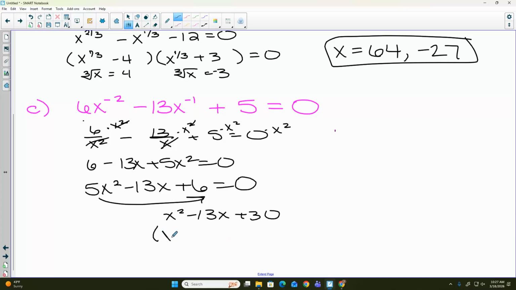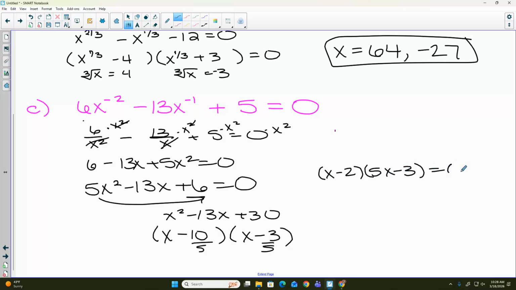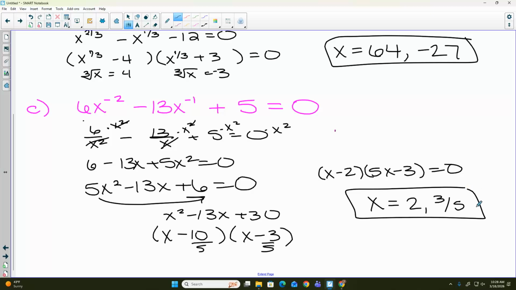Multiply to 30 and add to -13. Okay, we divide our 5 back. So we get 2/5, 3/5. And of course, we can always check those, plugging them back in, and you should be taking the time to do that.